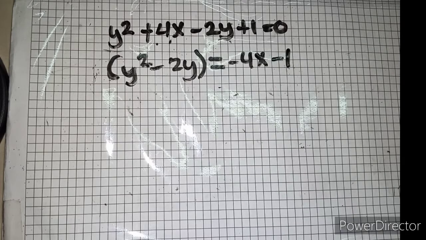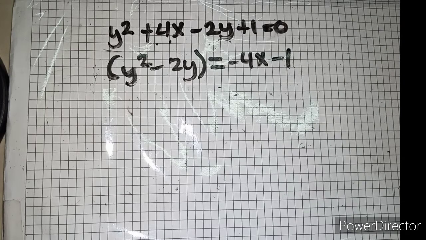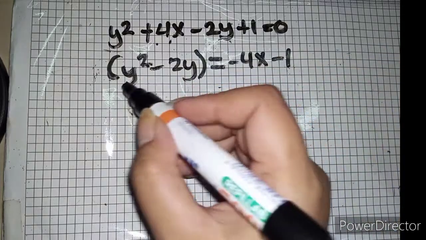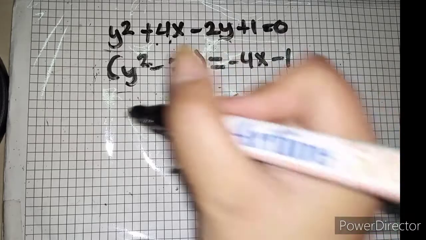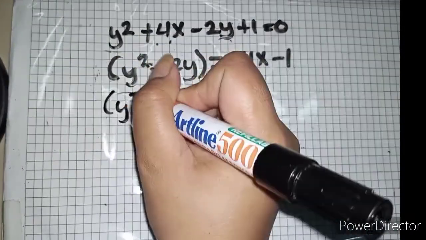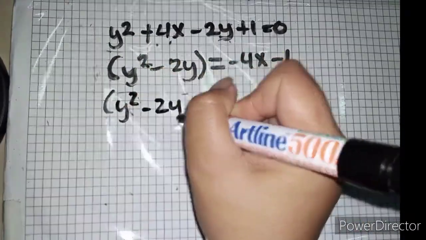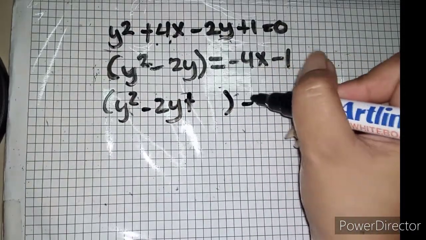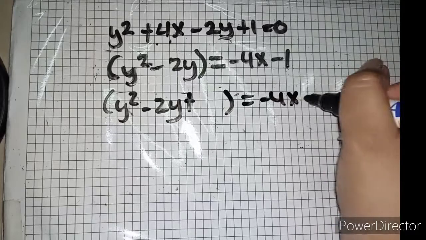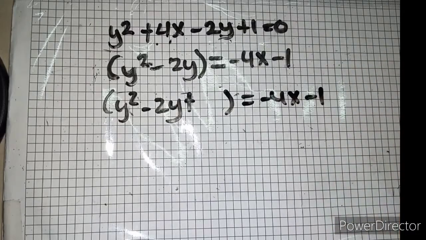And then, we're going to find the perfect square trinomial noong ating in-isolate or yung third term. So, let's rewrite y squared minus 2y. Then, we're going to find the third term equal to negative 4x minus 1. Okay? So, paano hanapin ulit yung third term?